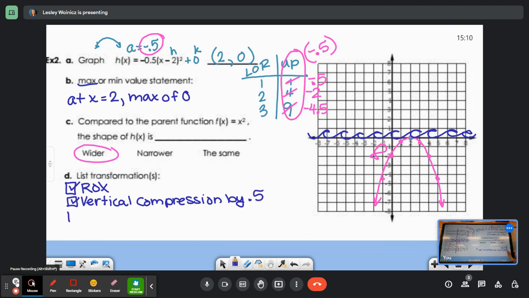Okay, and do we have a shift? Yeah. Good. Shifted right 2 units. Okay, questions? Okay, you guys are doing great.